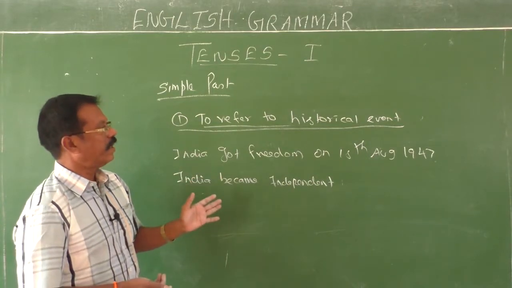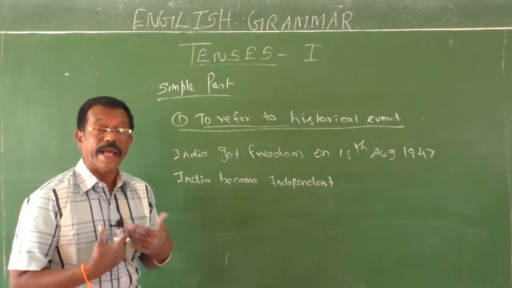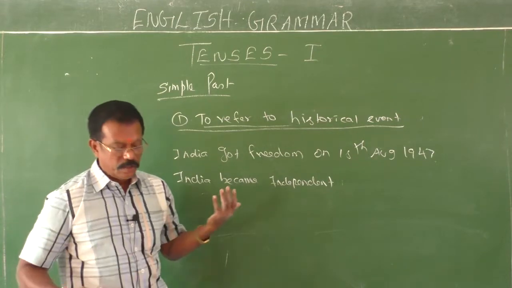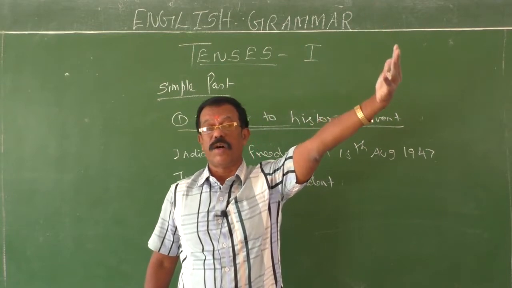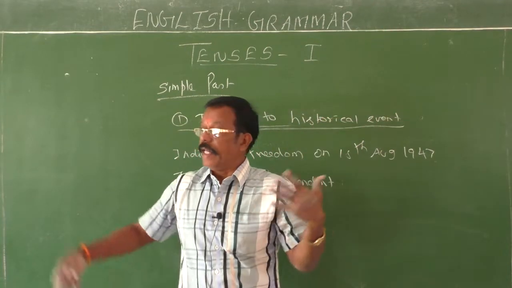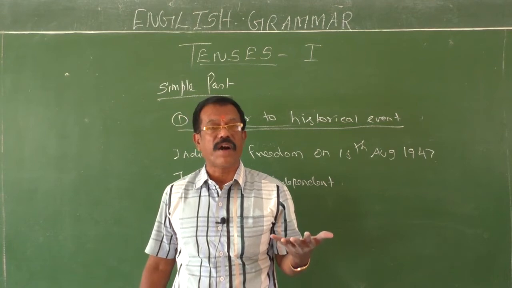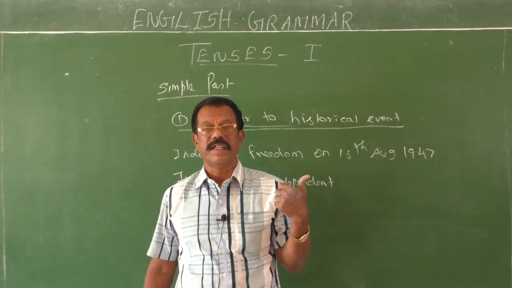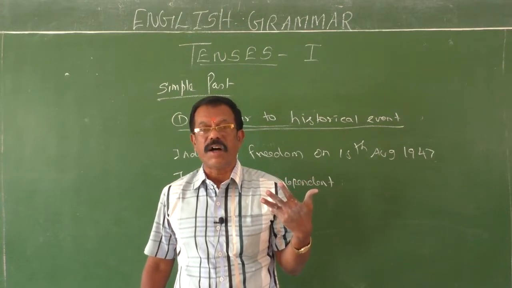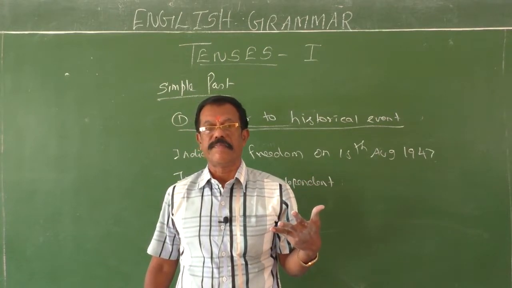Okay. So in this way, we use this past tense, and to narrate the stories also, we use this past tense. For example, long, long ago, there was a forest. Many animals were found in the forest. Lion was the king of the forest. It hunted all the animals.